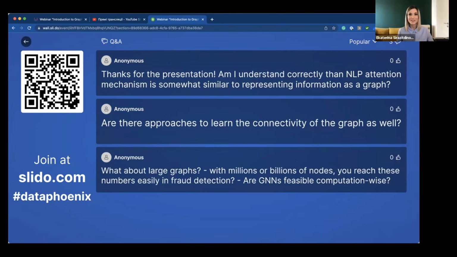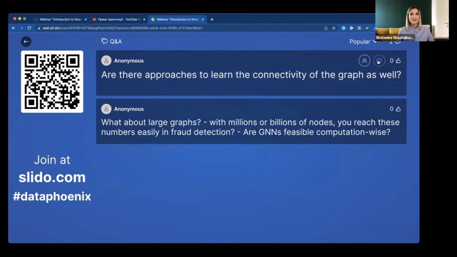Thanks for the presentation. Did I understand correctly that NLP attention mechanism is somewhat similar to representing information as a graph? Yes, it is very similar. Are there approaches to learn the connectivity of the graph as well?